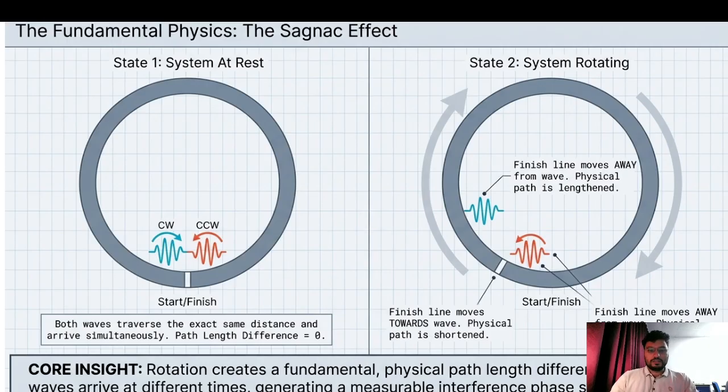Now, what is happening inside this gyroscope? The fundamental physics is the Sagnac effect. When the system is at rest, the clockwise and counterclockwise waves both arrive together at the same place. But while the system is rotating, the finish line moves away from the wave and the physical path is lengthened.